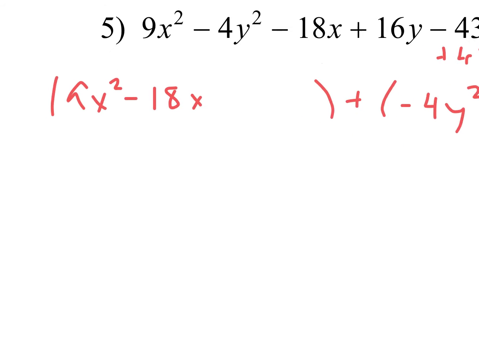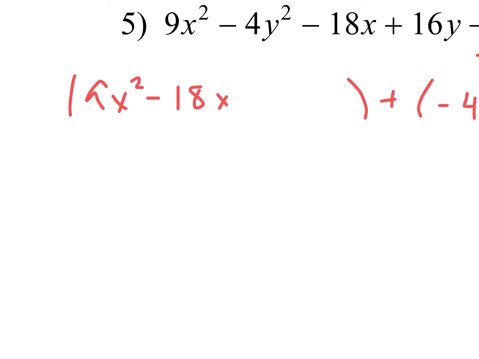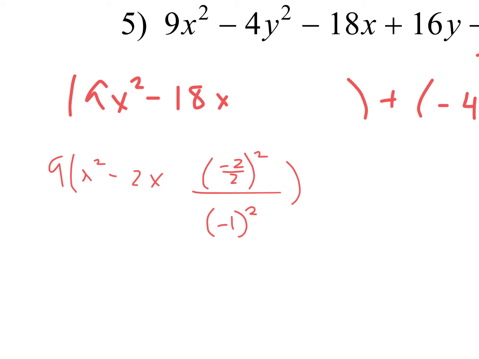So to complete the squares with my x's, what should I do first? Divide everything by 9. So I'm going to take out a 9. And then I have x squared minus 2x. And then what's going to help me complete the square here? Negative 2 over 2 squared. So that would be negative 1 squared.